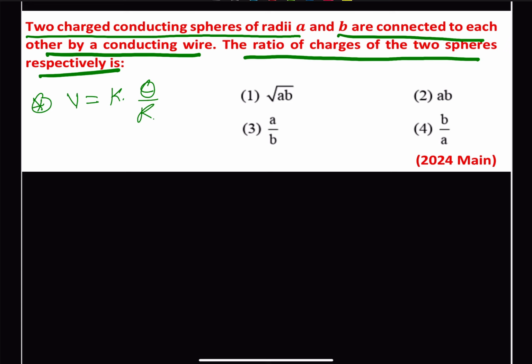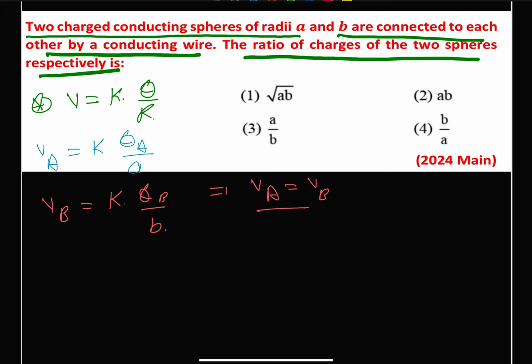Let us say one has VA equal to K QA upon A, radius A, and the other one has VB equal to K QB upon B. And this VA and VB will be equal, because they are connected with each other.